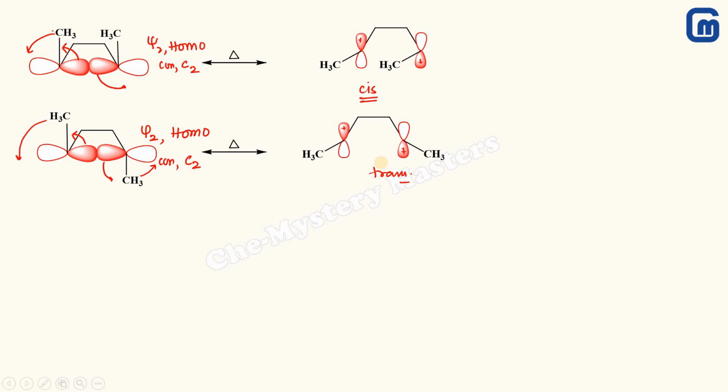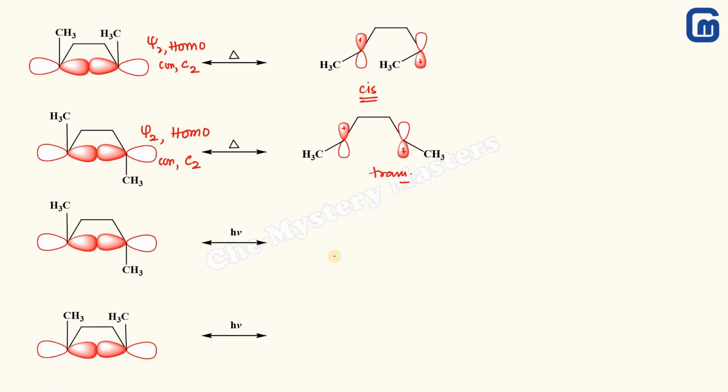Now we will take the same two molecules in terms of light condition. Excited form, we already know that psi 3 star is our HOMO, and in psi 3 star mirror is the symmetry. Means the two lobes which are present here of the same kind will be on the same side.